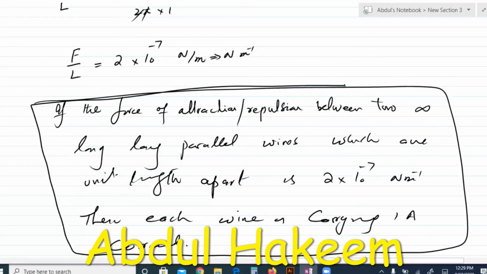So electric current unit ampere is defined as: if the force of attraction or repulsion between two infinitely long parallel wires, which are unit length apart, is 2 into 10 power minus 7 Newton per meter, then each wire is carrying 1 ampere current.